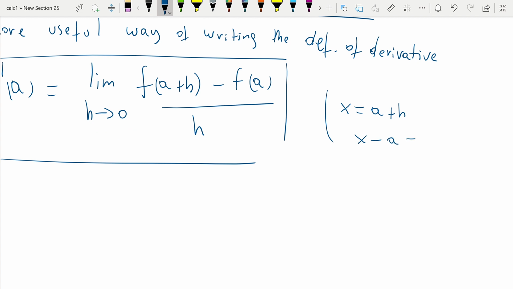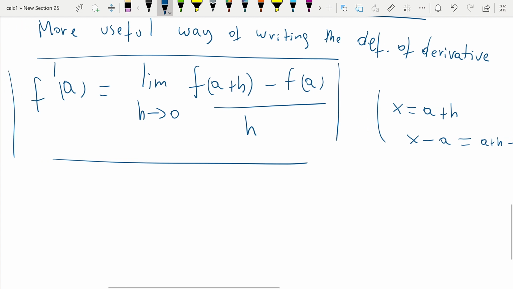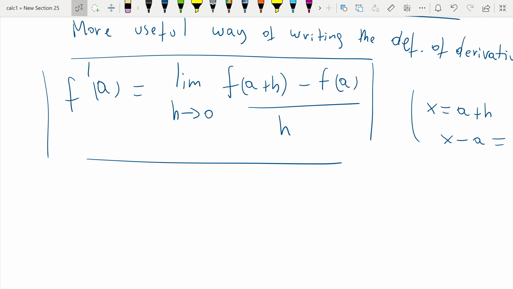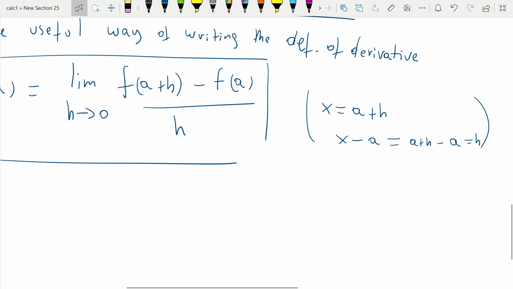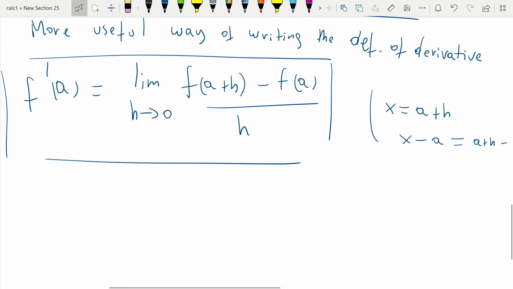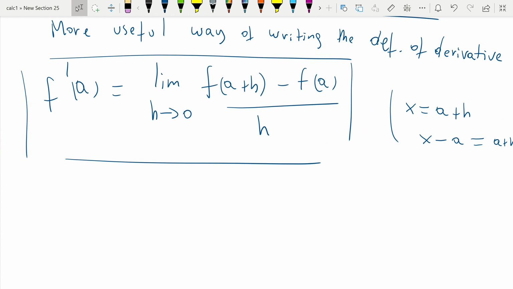If x is equal to a plus h, then that's a plus h minus a, and that gives you just h, which is exactly what we have here in the bottom. And that's exactly the same form we have up here, the original definition of the derivative.